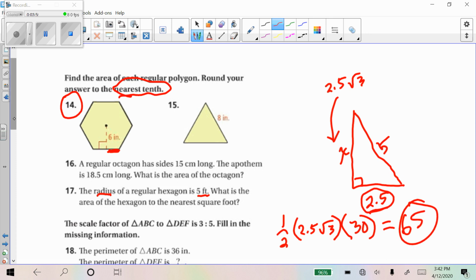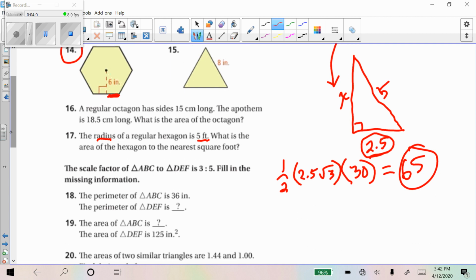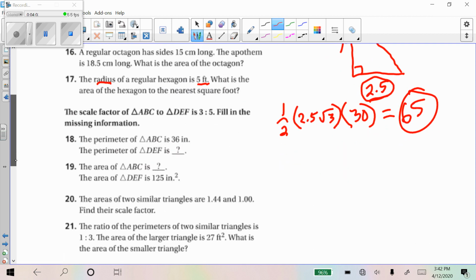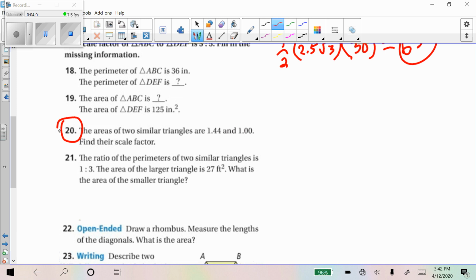All right, the next problem I thought we should look at, it seems like quite a few students got number 20 incorrect. It says the areas of two similar triangles are 1.44 and 1. Find their scale factor. So the ratio of the areas is 1.44 over 1. The scale factor is the square root of those numbers.